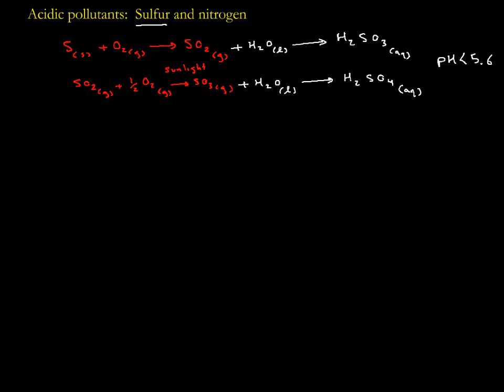Now nitrogen also has many sources. One of them is lightning. When there is lightning, bacterial functioning, they also produce nitrogen, and combustion engines, your cars, also produce that. Now nitrogen that is produced in that process plus oxygen will give you nitrogen monoxide.